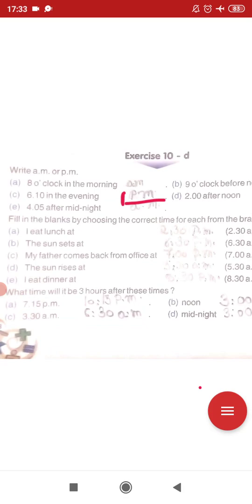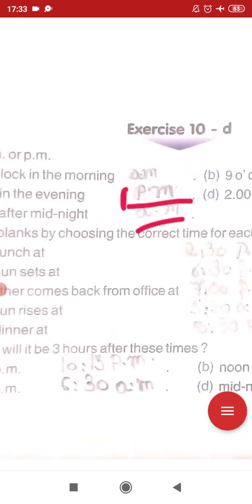If afternoon or evening is mentioned with 5 minutes past 4, then we need to use PM. So here your answer is AM.